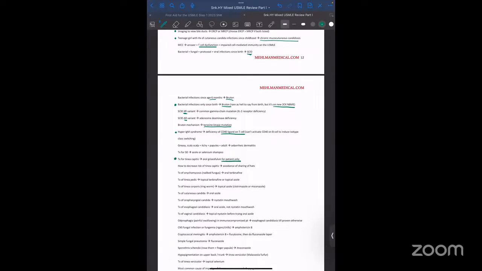How to decrease risk of tinea capitis? Avoid sharing hats and towels and stuff like that. Treatment of onychomycosis is oral.